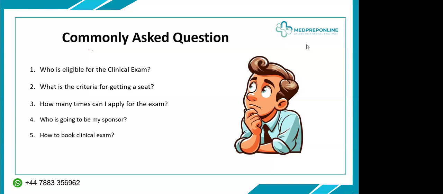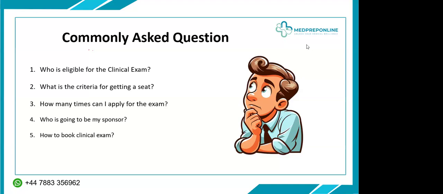About the sponsor, a lot of people are very confused about this word, because obviously sponsorship means that someone is going to pay for you or take care of you. It is nothing like that. Sponsor just means that you have to give a reference of any person that you have worked with. That's it, right? It could be any of your colleagues, it could be any of your seniors.